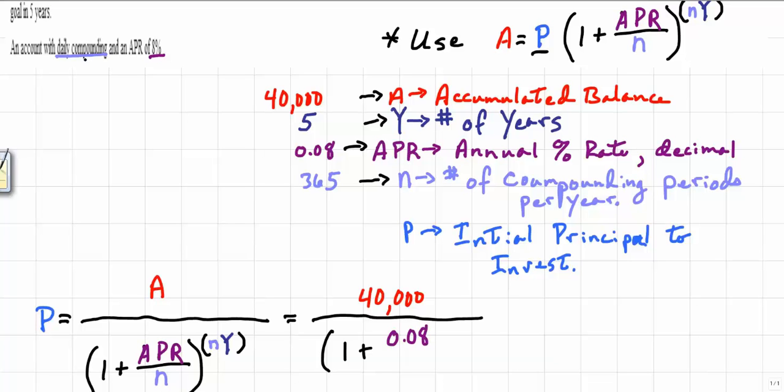And then we're going to divide that by the number of compoundings in a year, which as we've determined is 365. And then I'm going to raise that to a power, and that power is going to be 365 because it's N, times the number of years, which in this case is going to be 5. And this is the expression that I'm going to want to input into the calculator.